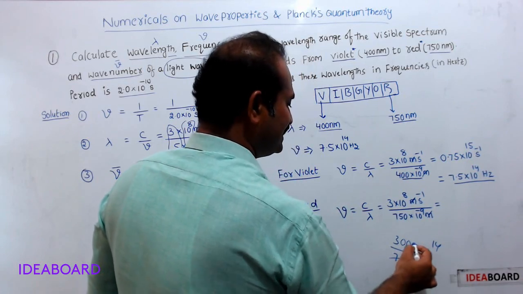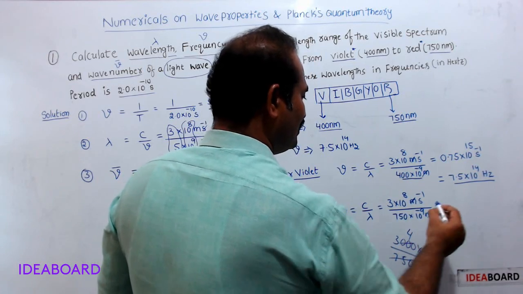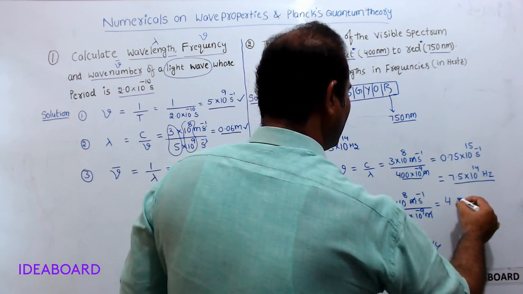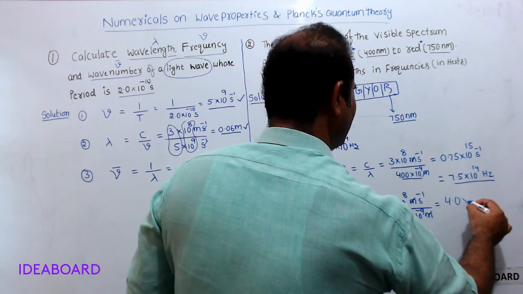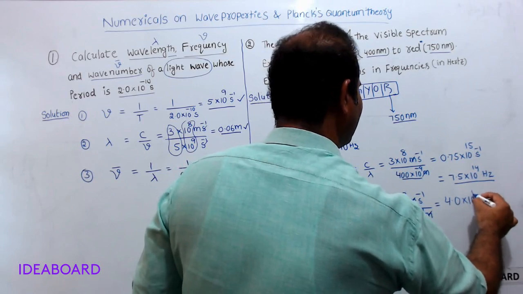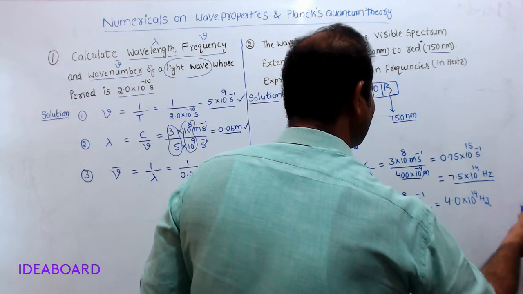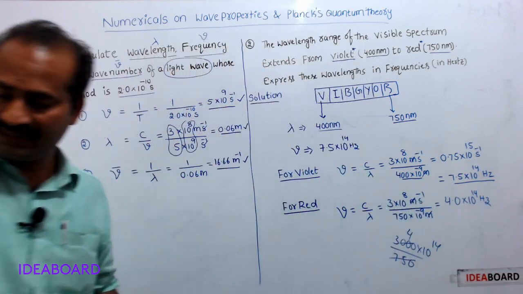This is exactly 4 times. Therefore, after simplification, you will get 4 into 10 power 14 second inverse. Second inverse is nothing but hertz.